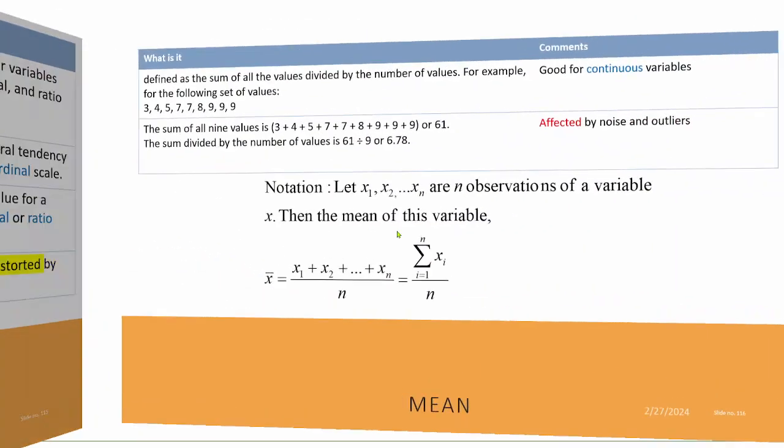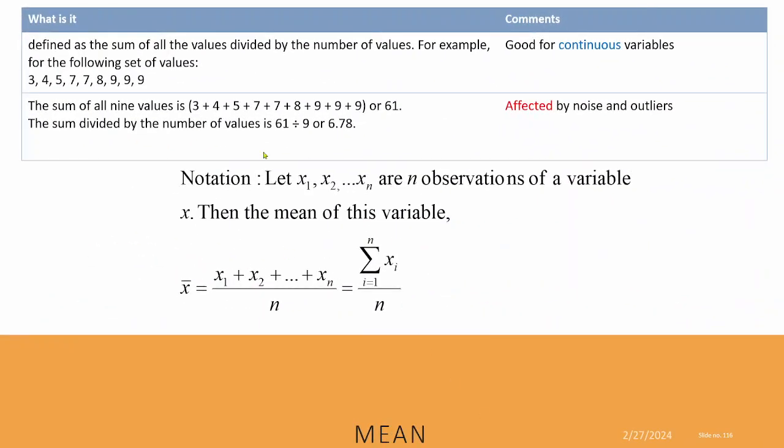So continuing to mean, this is the famous mean, taking the average of the data set or data series, which is represented like the values are added x1, x2, and xn, and we simply divide by the number of samples. In the previous example, we talked about how the series can be affected by noise and outliers.